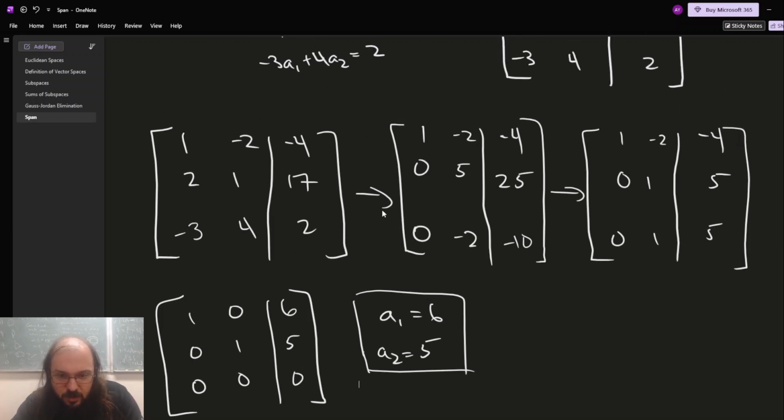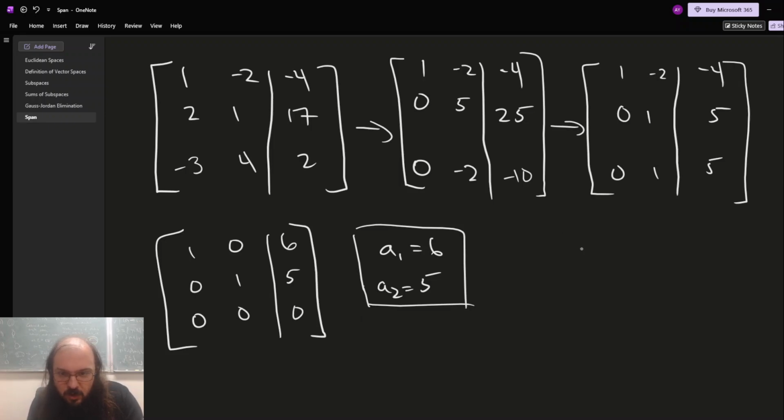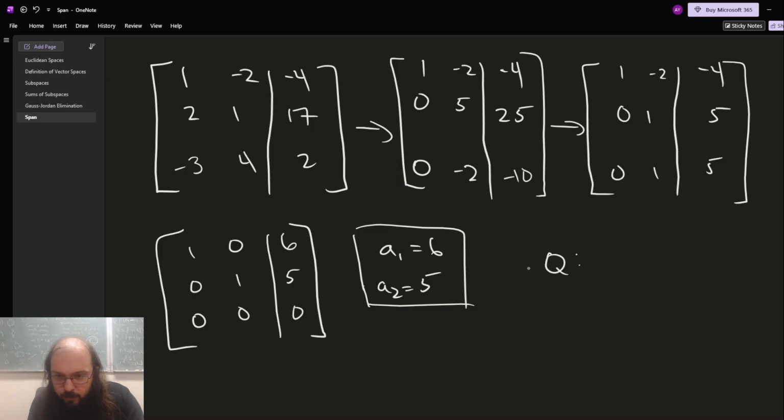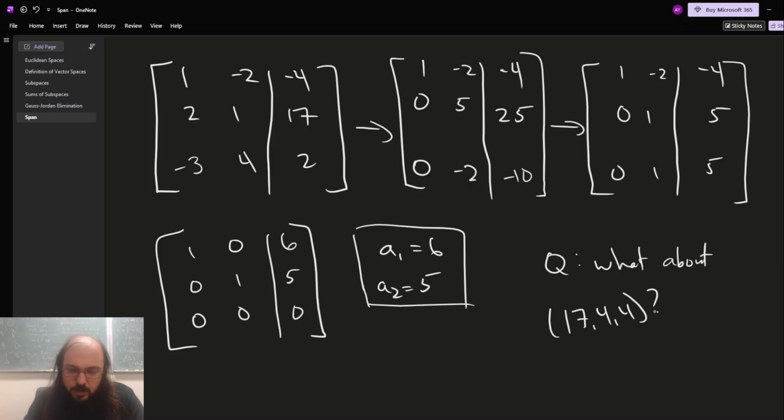So let's take this example and ask ourselves, what happens if I change that last equation, so that instead of asking about 17, -4, 2, I ask about 17, -4, 4. Let's just look at what changes.